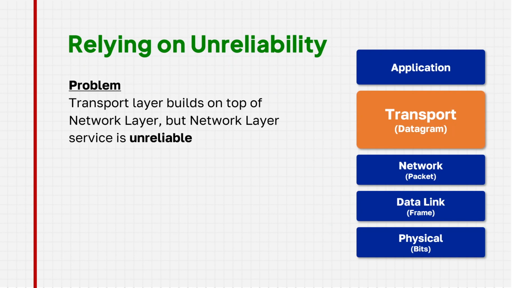unreliability. We know that the transport layer builds on top of the network layer. However, the network layer service is unreliable. Going further down to the physical level, if you pass in ones or zeros, in the hardware they are actually represented by voltages. High voltage means 1, low voltage means 0.